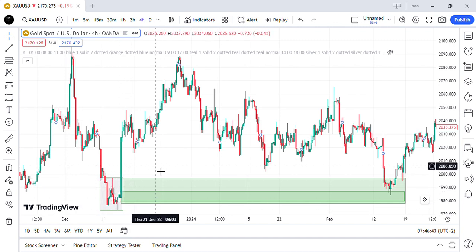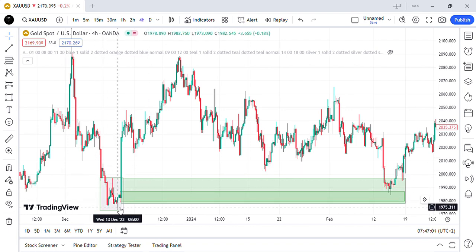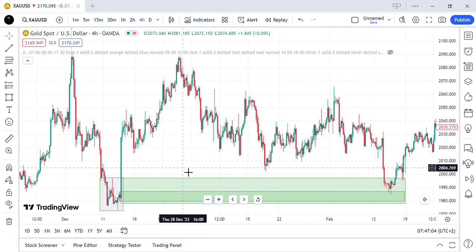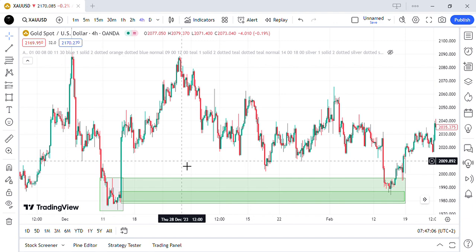Sometimes we find doji candles, the candles with wicks and minimum body. We can mark them as another kind of consolidation, because the price was there for a period of time, maybe 4 hours, on the same level.